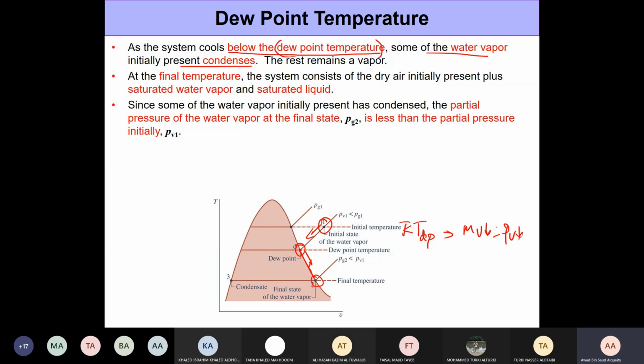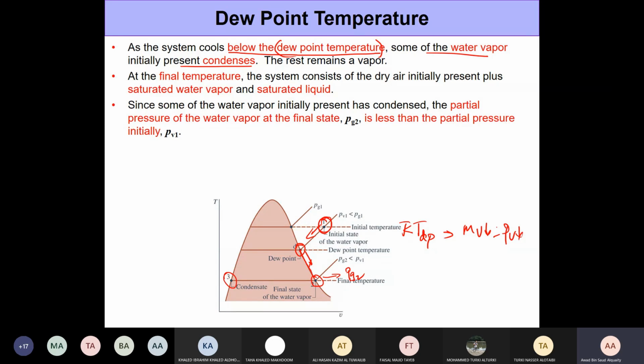Some of the water vapor that initially existed in state 1 still remains in the vapor phase, and it's shown by the partial pressure Pg2, whereas the rest has converted to liquid, and it's going to show up as saturated liquid at the final temperature that you are measuring.